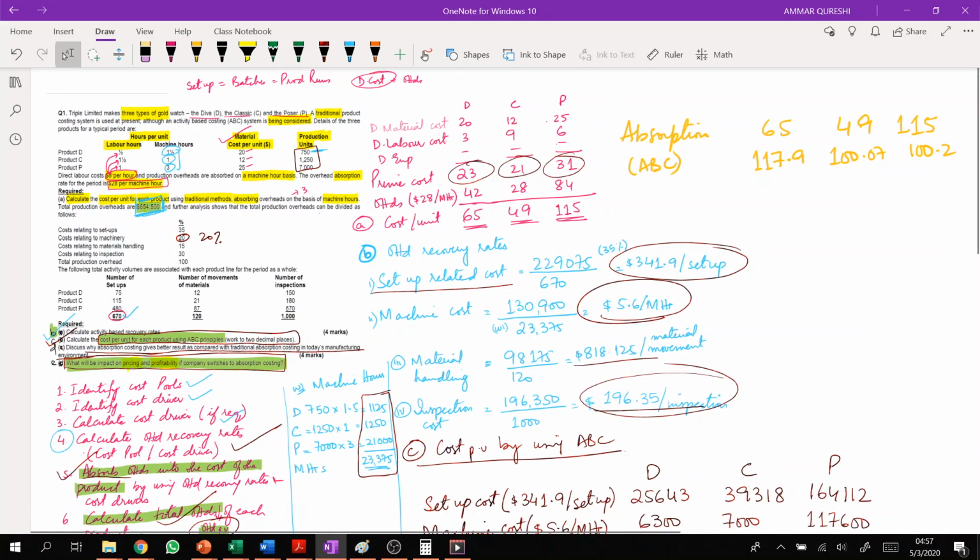Now, the question is asking what will be the impact on pricing and profitability. Let's discuss the impact on pricing, whether we will change the selling price or continue with the same selling price.